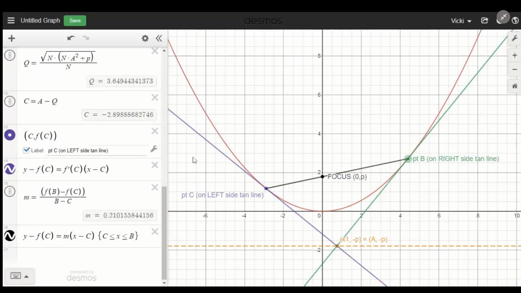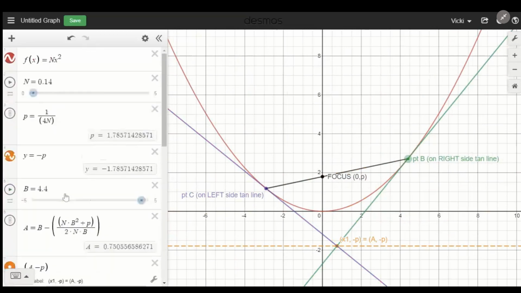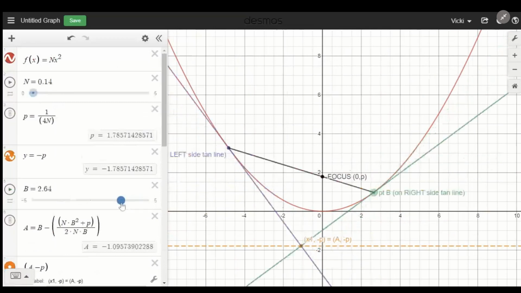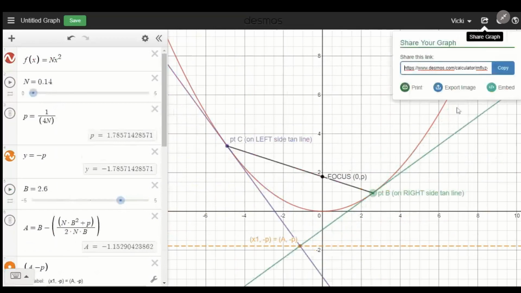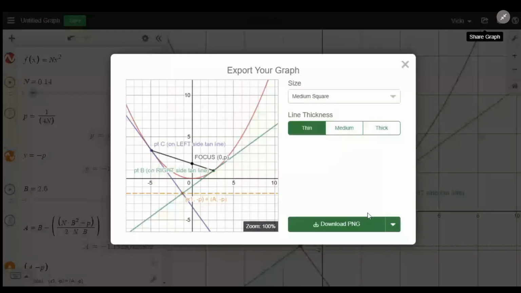Now that takes a lot of calculations. So I want to make this so that it'll show up well. Let's see if that works. And let's put this on our graph. It's not going to work like that.